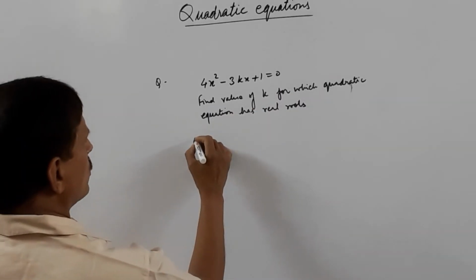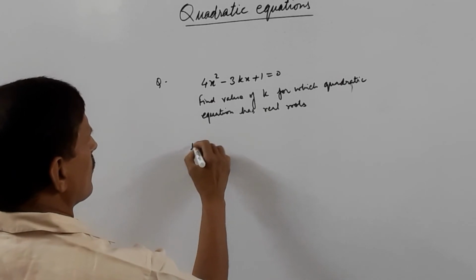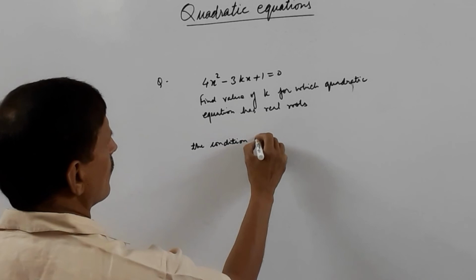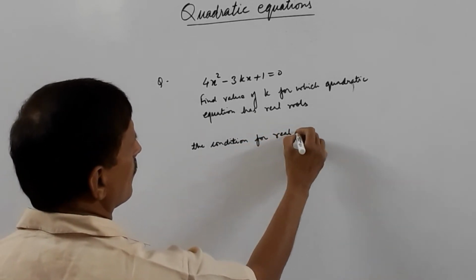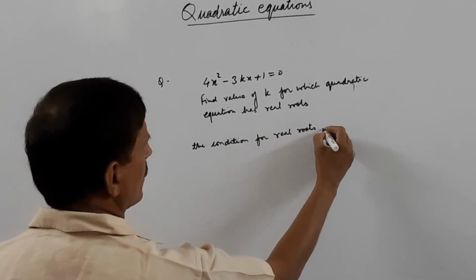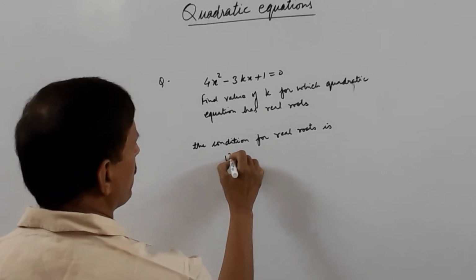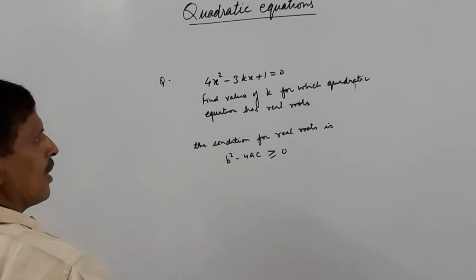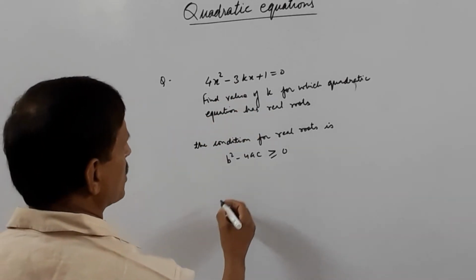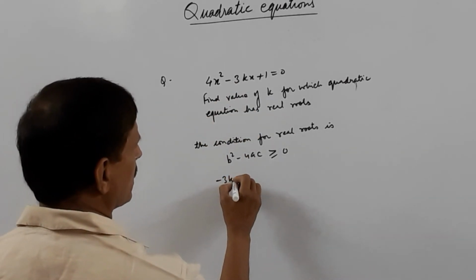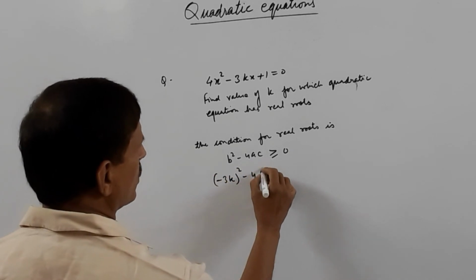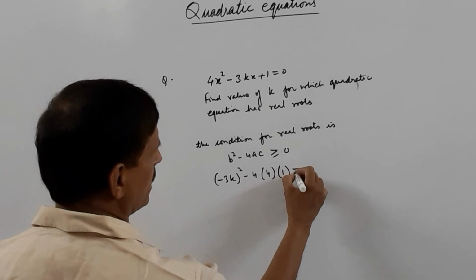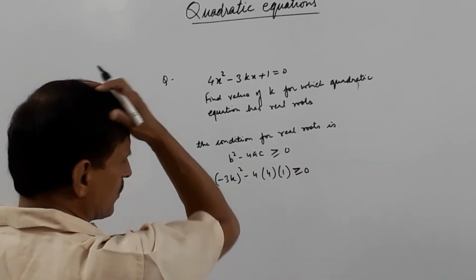The condition for real roots is b square minus 4ac is greater than or equal to 0. So b, that is minus 3k, minus 3k square minus 4, a is 4 and c is 1 is greater than or equal to 0.